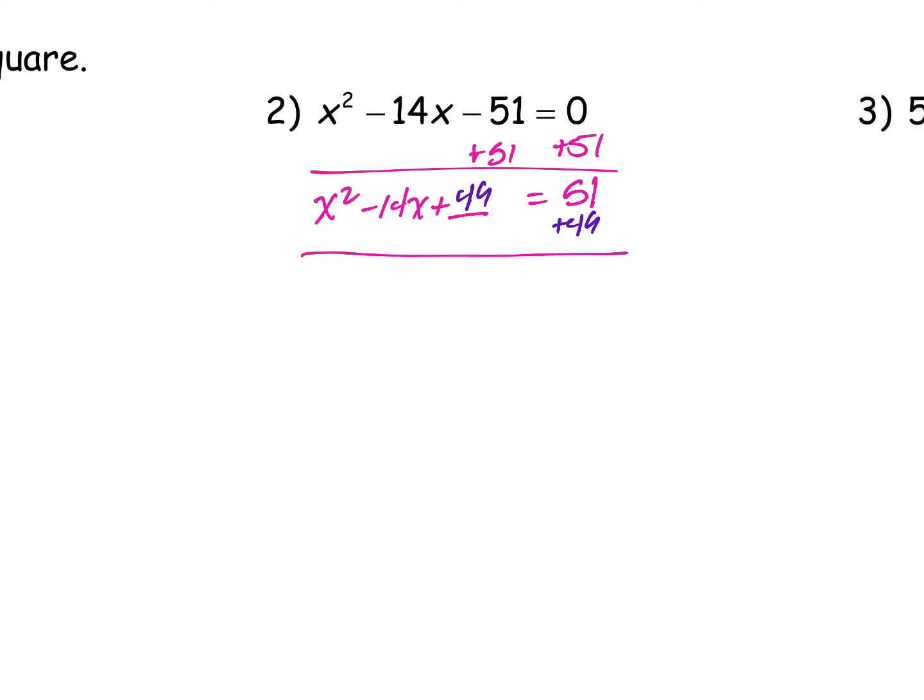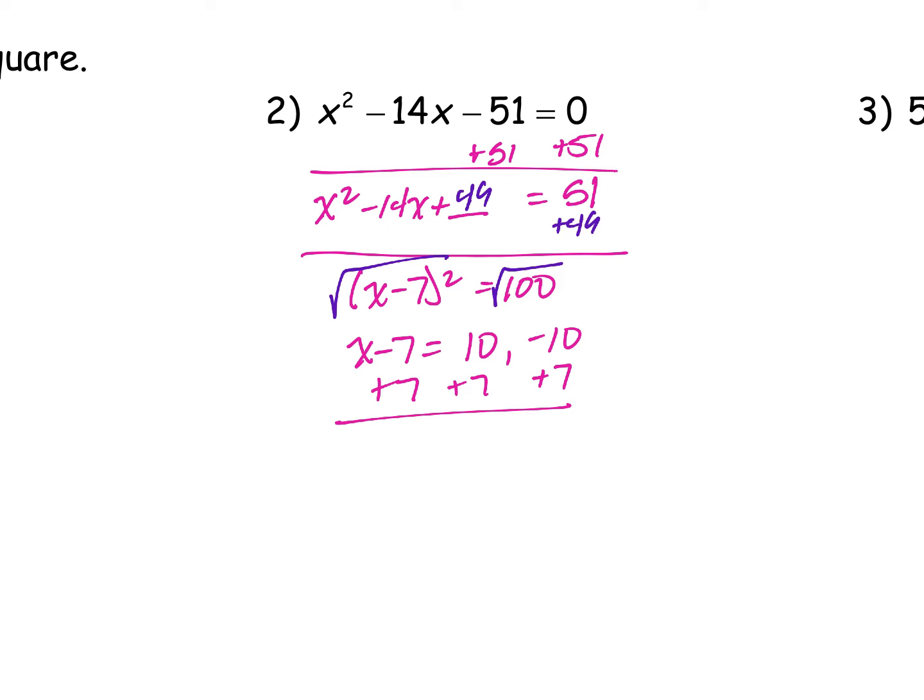So that gives me x minus 7 squared equals 100. Square root both sides. x minus 7 is going to equal 10 or negative 10. So add 7, and x is going to equal 17 or negative 3.